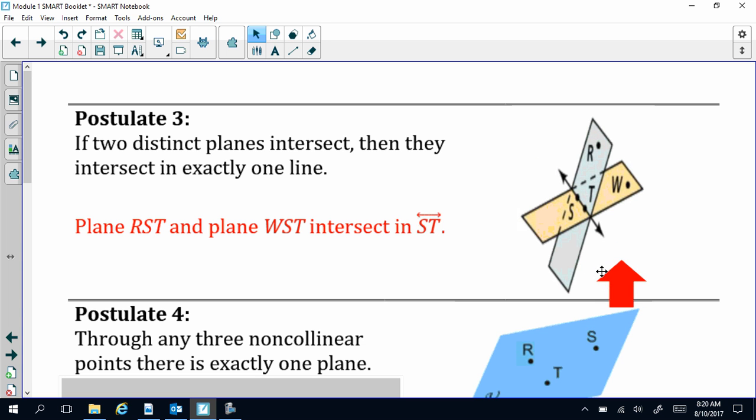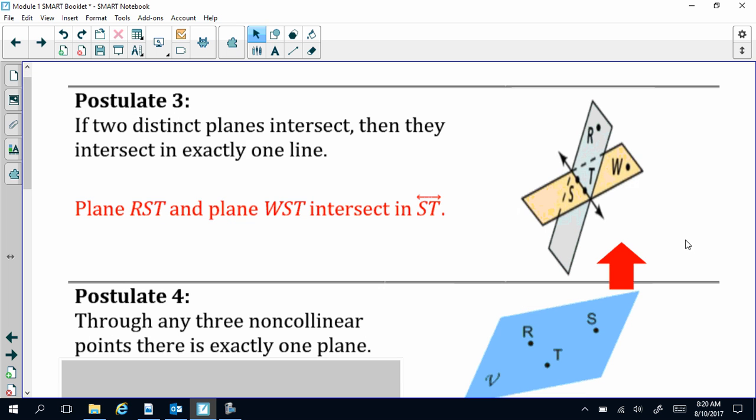I always like to think about the intersection of 2 walls. If you look in your corner, at the wall to your left and the wall in front of you, they intersect at that line going up the edge of the room.